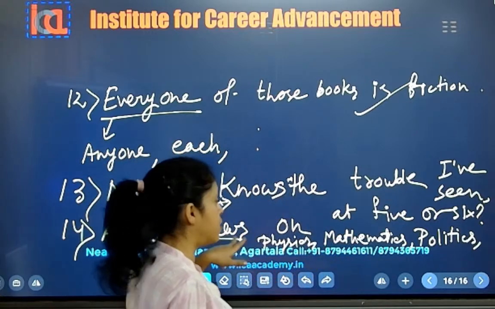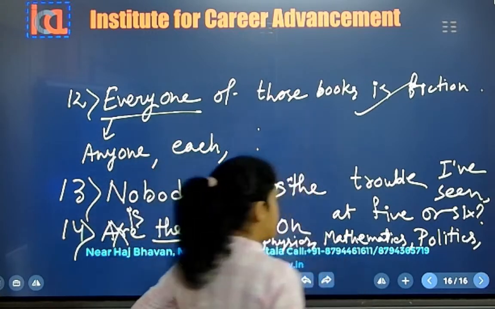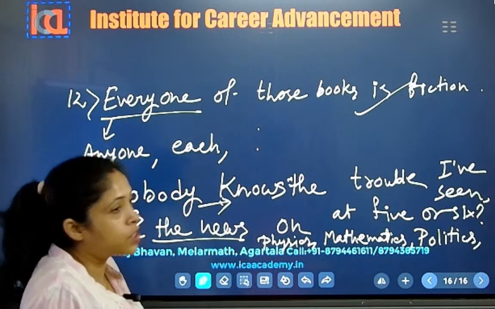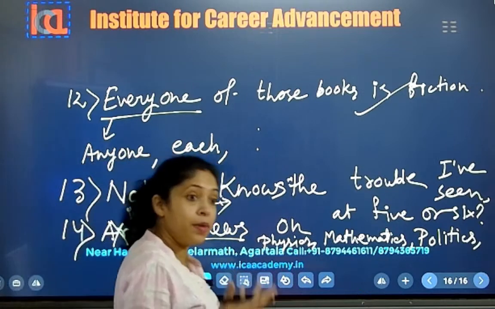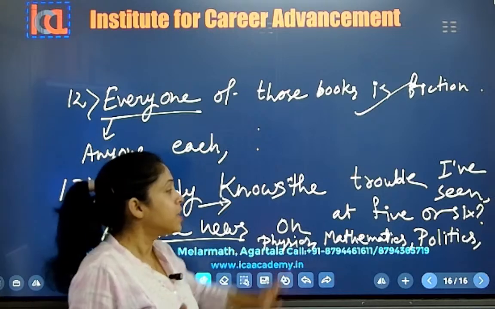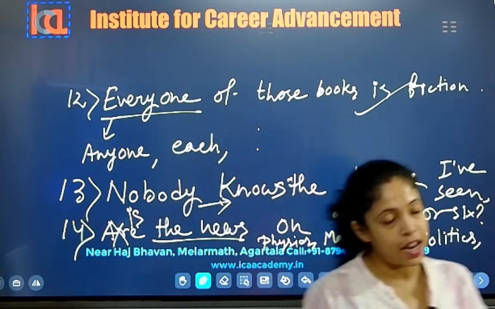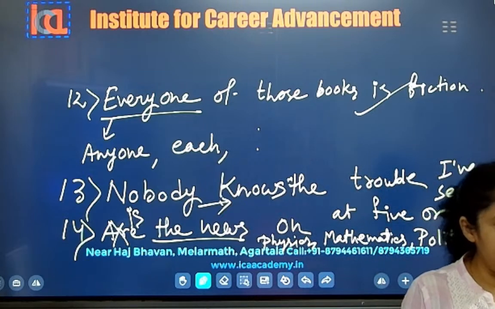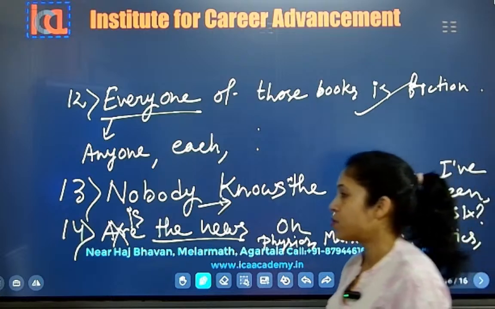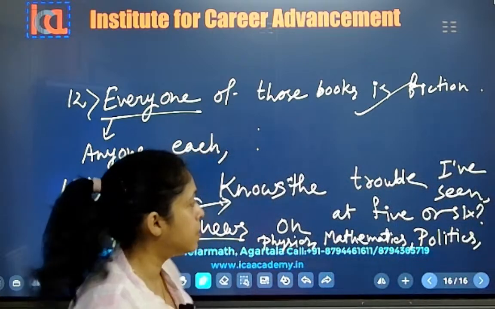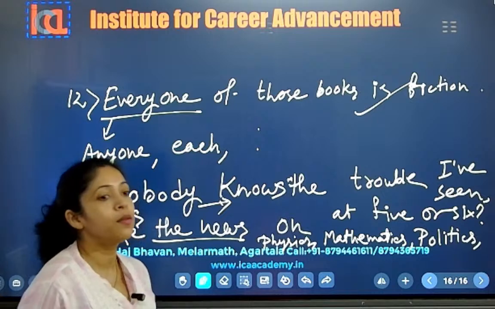Some words are like that: news, politics, physics, mathematics. Some books are also there, suppose the Arabian Nights. These are actually singular, because only one particular thing is there. So that's why these are singular words, but expressed as plural words.